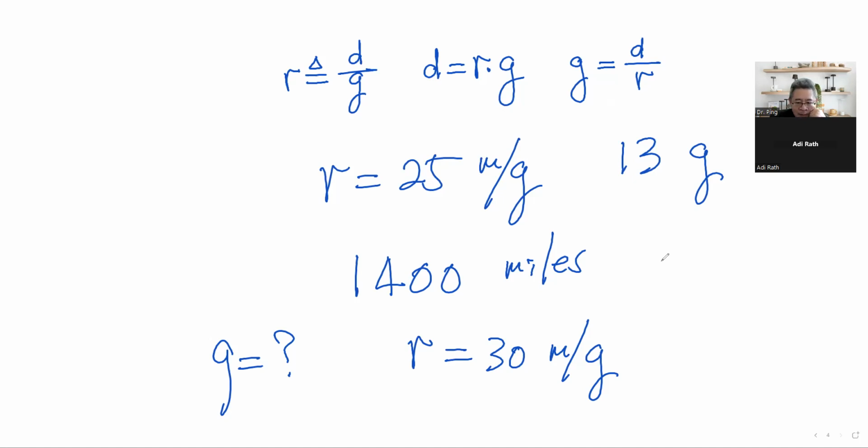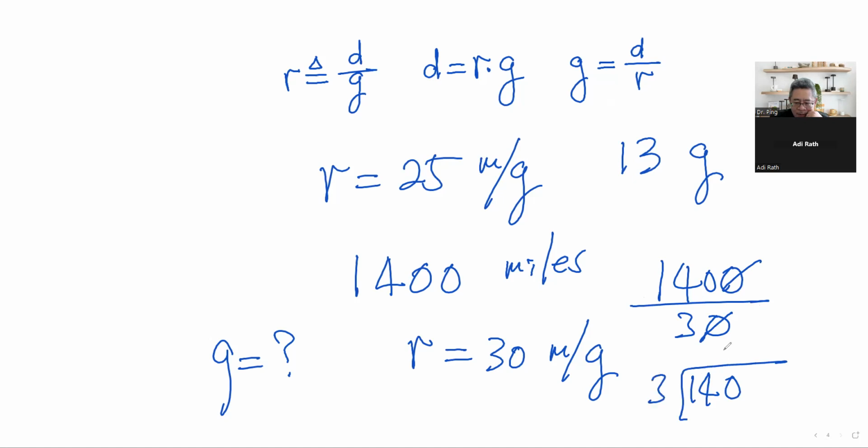All right, so we've got 1400 over 30. We got that. So 140 divided by 3. So and we got 4, right?